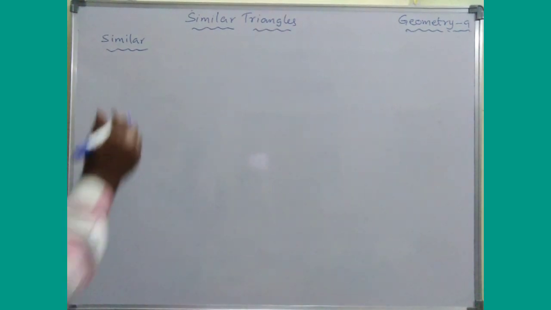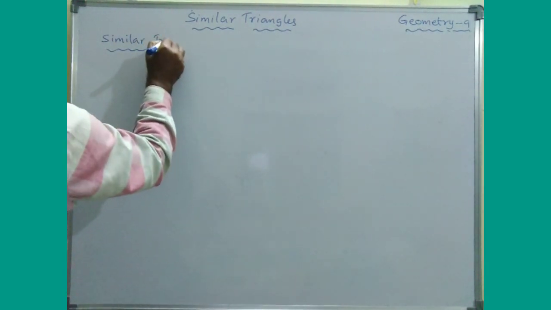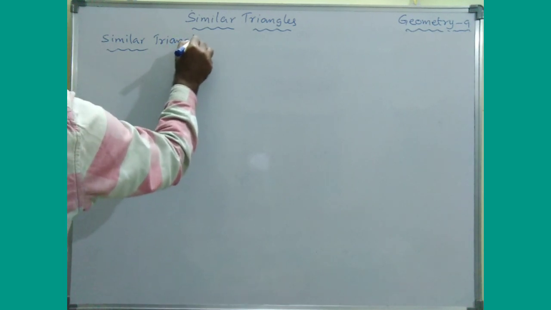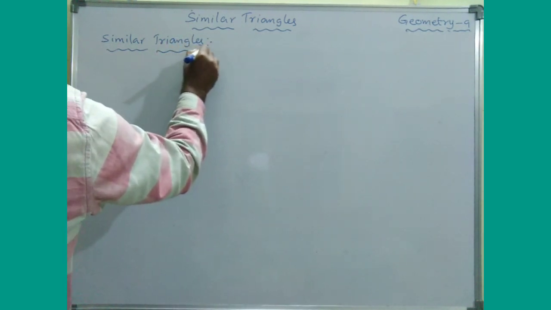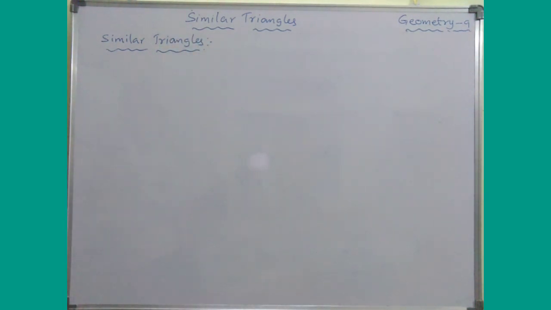Similar triangles. So I mean, when can we say two triangles are similar?